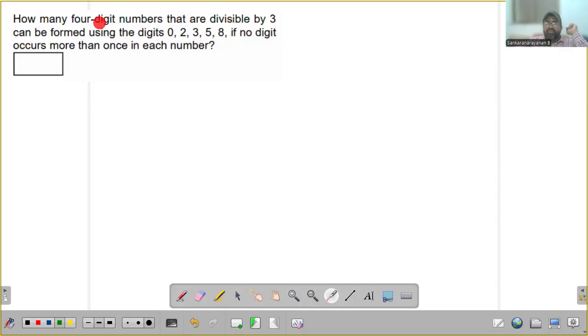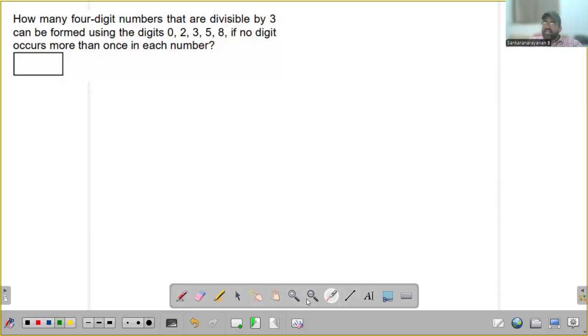For a number to be divisible by 3, you are aware that the sum of all the involved digits should be a multiple of 3. Got it? Sum of all the digits that are involved in that 4-digit number, when you are adding them, that total should be a multiple of 3.